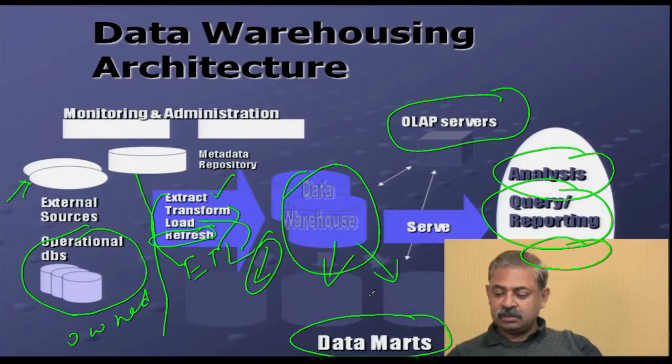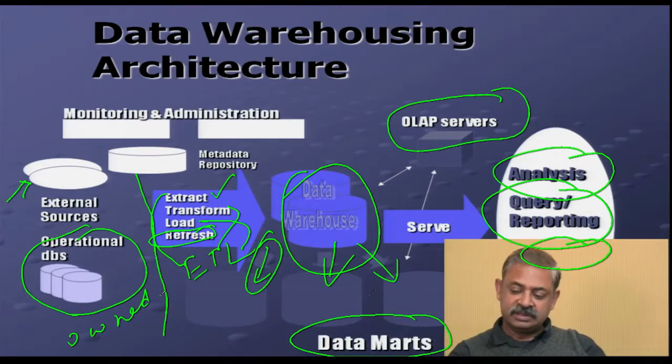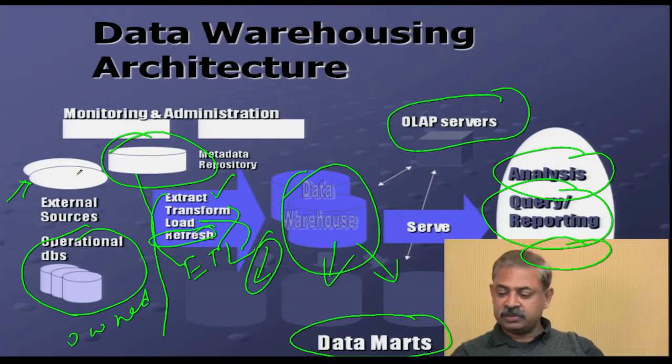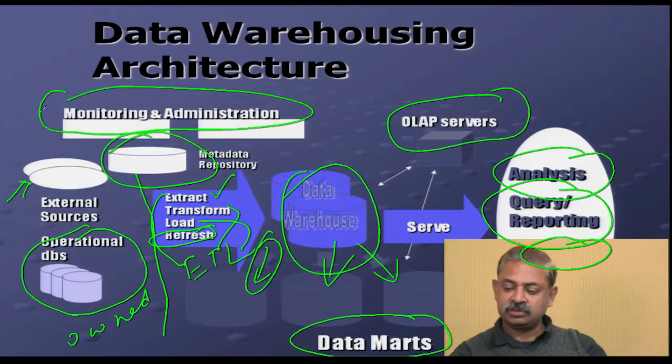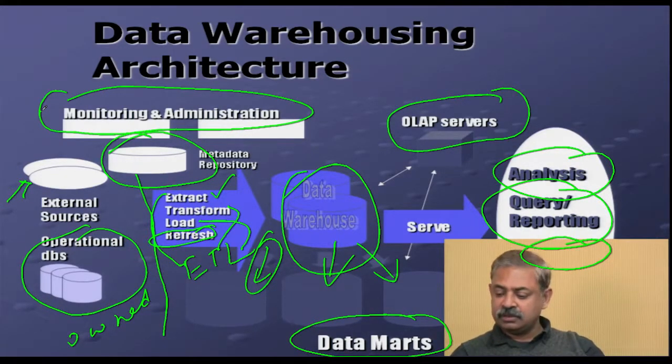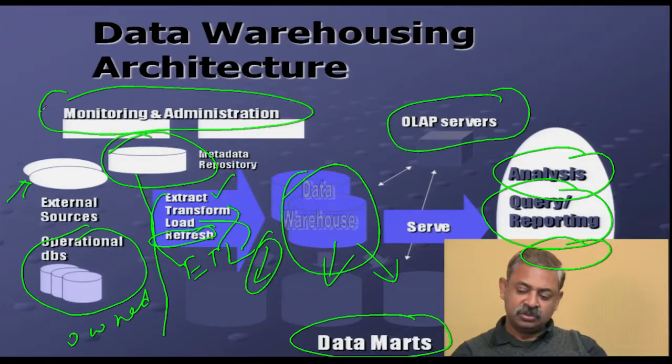So this is the whole process, and you will see that this metadata repository also plays a very important role. I hope all of you understand metadata repository. And on top there is monitoring and administration. This will come up when we talk about the life cycle. The purpose of this architecture at this point of time is that you should know the data flow.